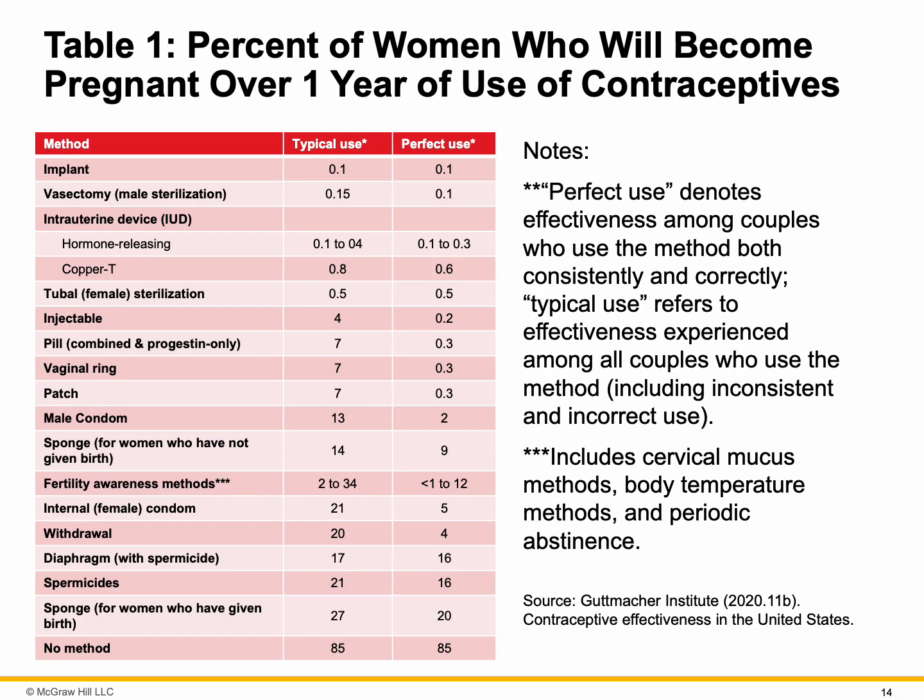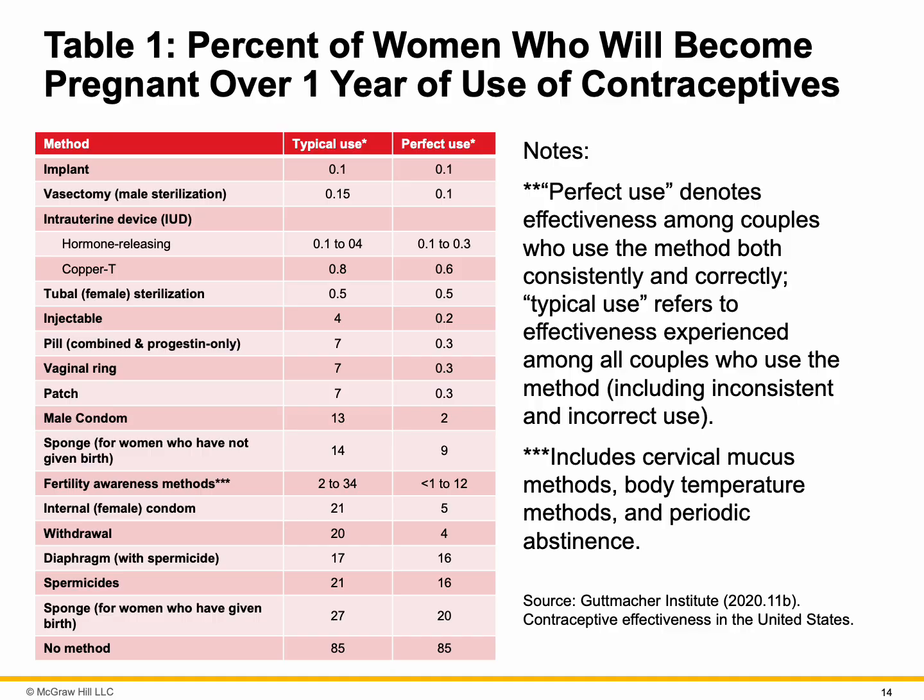Here you see the percentage of women who will become pregnant over 1 year of use of different contraceptive methods. As you can see, there are differences in the proportion of women who will become pregnant when you consider perfect use, which is on the far right-hand side, versus typical use, which is the middle column.